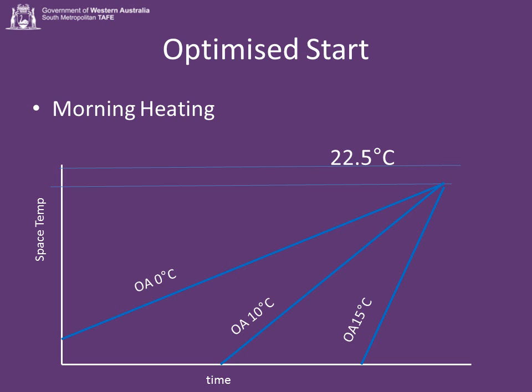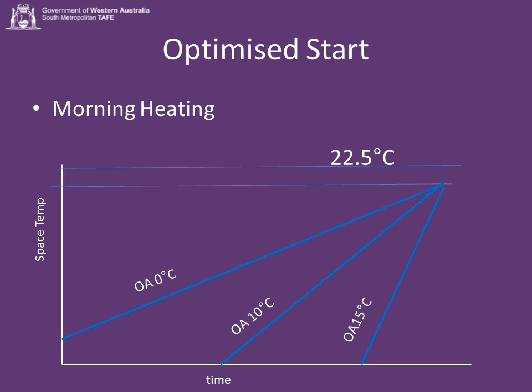Or it looks at the outside and it says, oh, hang on, it's 20 degrees outside. I don't need to start the building until 8. We saved 2 hours. If we do this, on average, we'll save at least 50% of the startup time. If your startup time is 2 hours, I just saved an hour. 10% of my air conditioning bill.